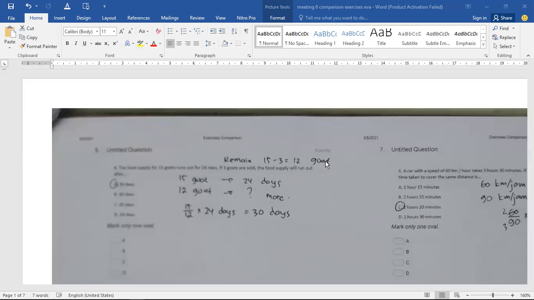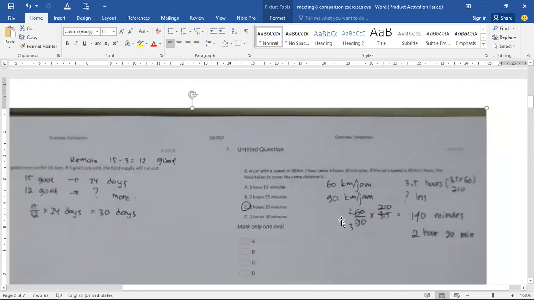So how to compare? 15 cows is 24 days and for 12 cows it should be more than 24 days, right? Because we have less cows to eat the food supply. So here I need more days. So I put the bigger number from cows on top. So 15 per 12 times 24, it is equal to 30 days.